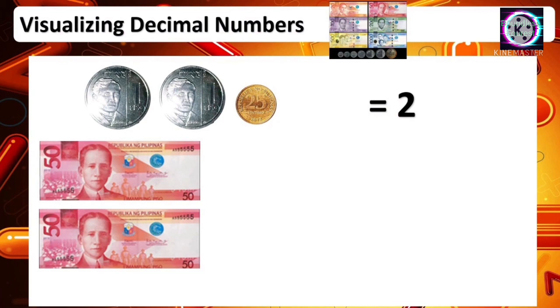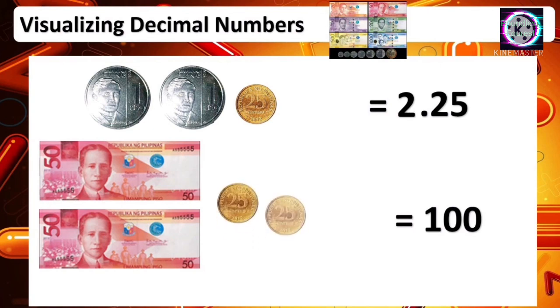So the total of this is 2.25. Another one, if we have two of this 50 peso bill, so that is equal to 100. Now if I'm going to add 1, 2, 3 centavo coins, it is equal to 0.75.